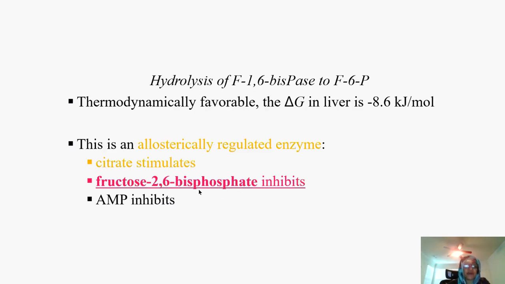So this is an indication of having a high amount of glucose or carbohydrates. If we have carbohydrates, there is no need to synthesize glucose. That's why a molecule like this will inhibit the process of gluconeogenesis.